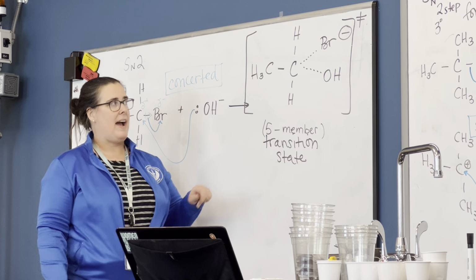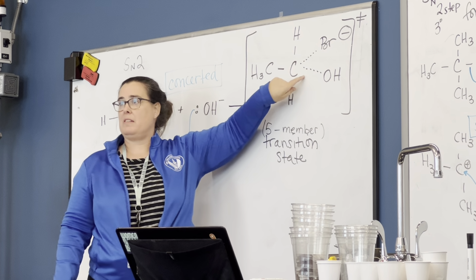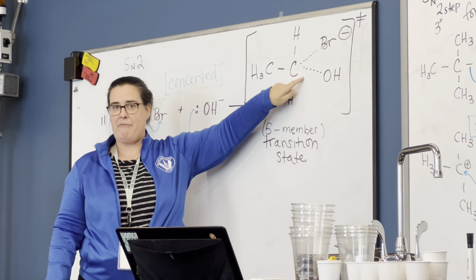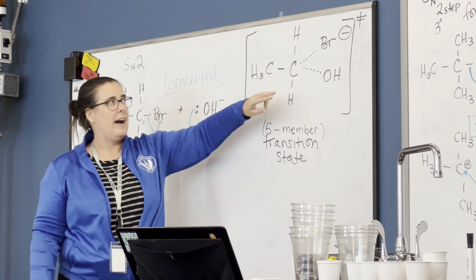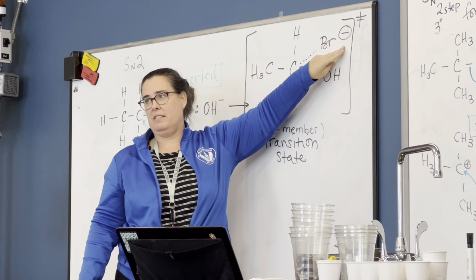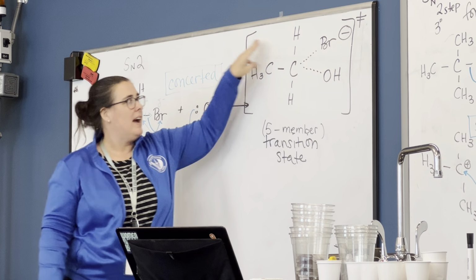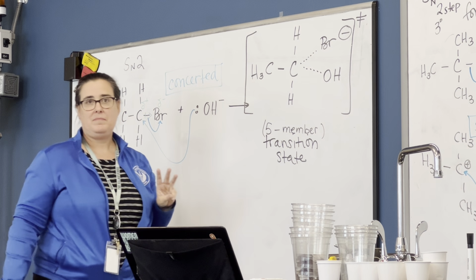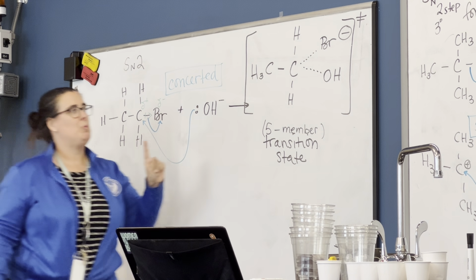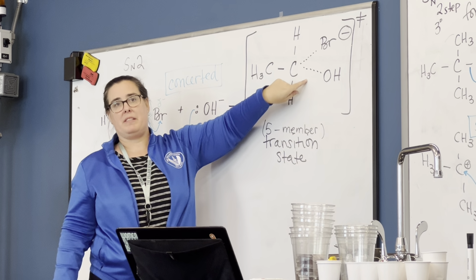Number 1, I have to see dotted bonds. If you draw a carbon with 5 bonds, I can't give you the mark. Number 2, I have to see a negative sign. And number 3, I have to see that it's a transition state.